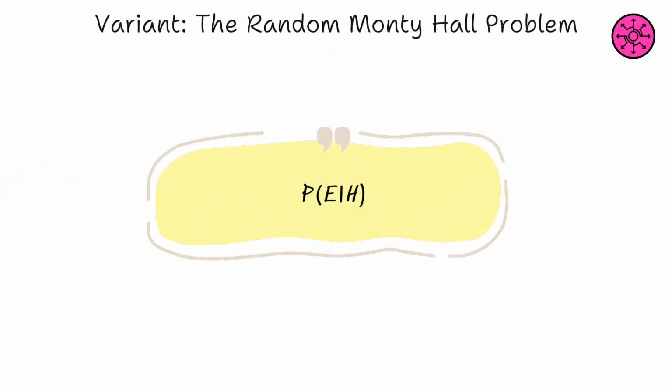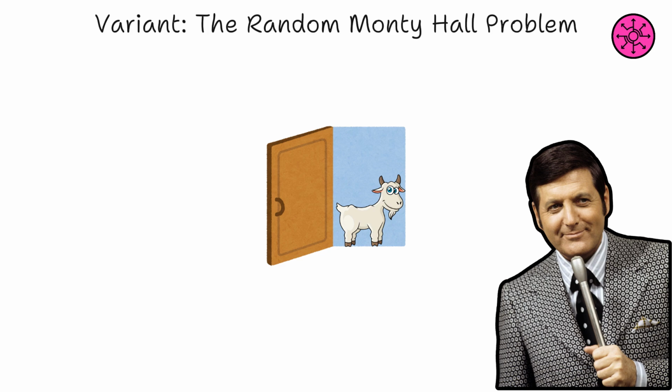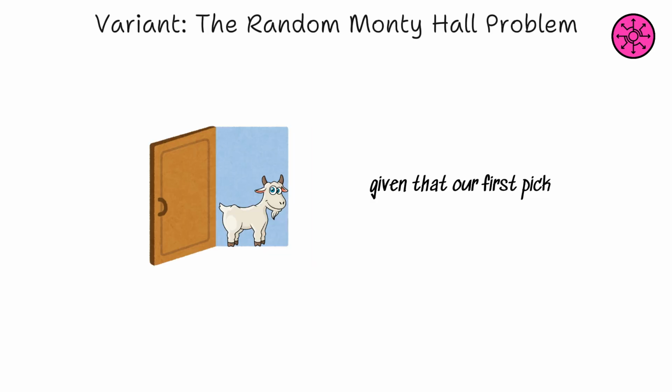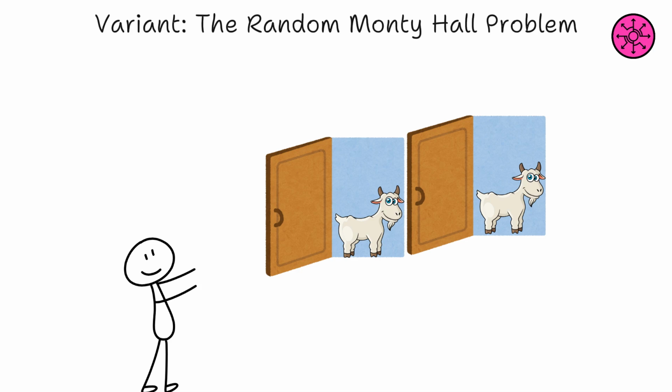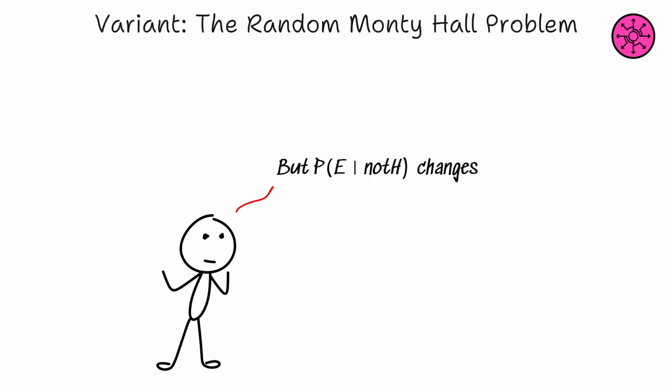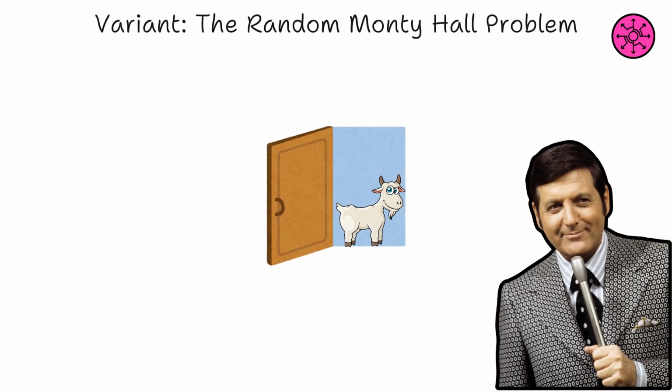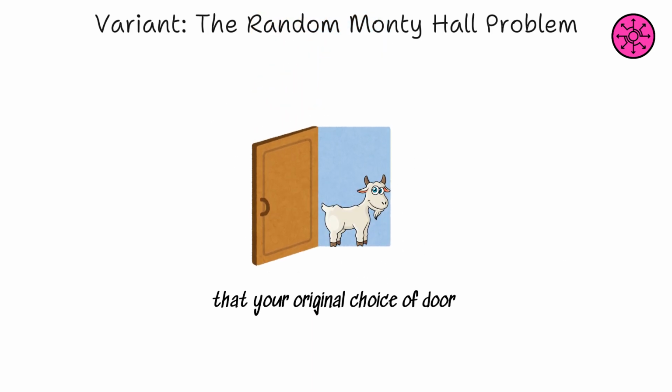In this case, P(E|H), the probability that Monty will show us a door with a goat behind it, given that our first pick was correct and does have a car behind it, is still 1. If you pick the door with the car, the 2 other doors are guaranteed to have a goat, but P(E|not H) changes. This represents the probability that Monty picks a door with a goat behind it, given that your original choice of door had a goat behind it.